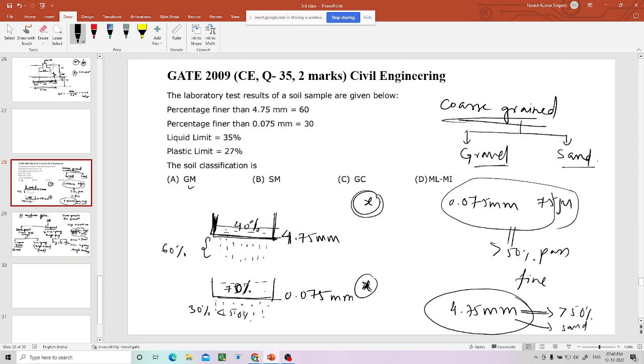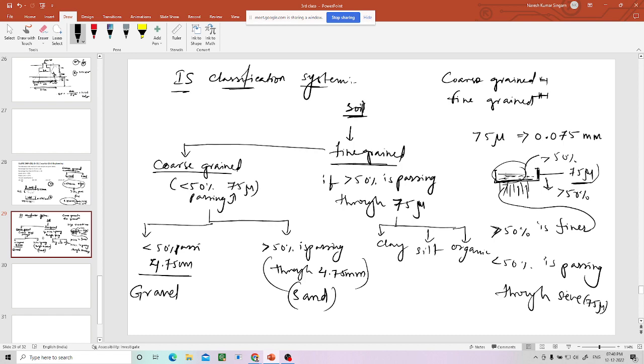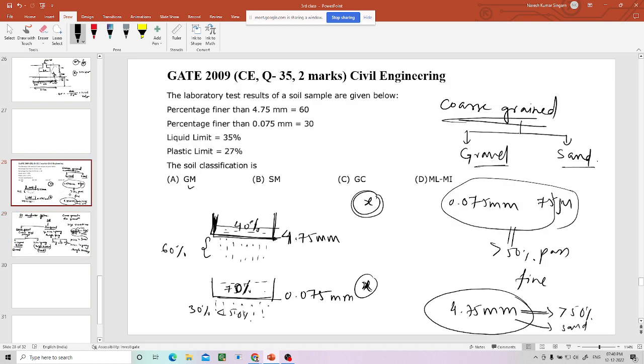The percentage finer than 4.75 is 60, so more than 50% is already passing. That means it comes under sand, not gravel. Now here I should introduce a few terms.